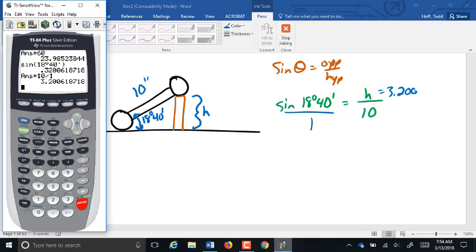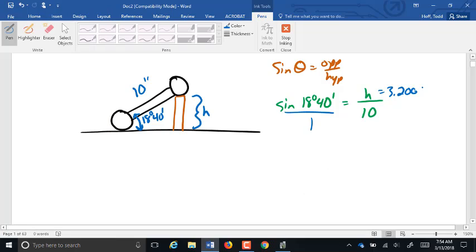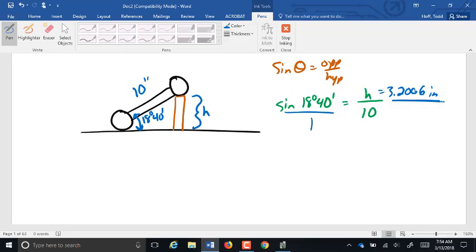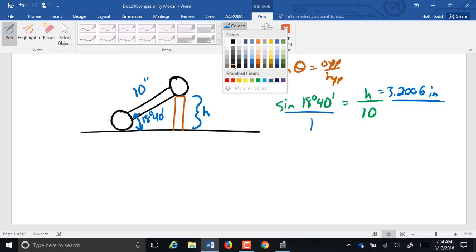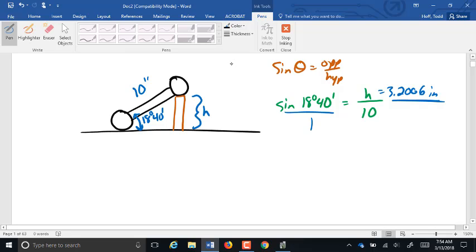In fact, let's go to the nearest 10,000th. 3.2006 inches is what that's going to have to be built out. Remember, our gauge blocks go down to the 10,000th of an inch, so we can go down to the 10,000th. Any questions?